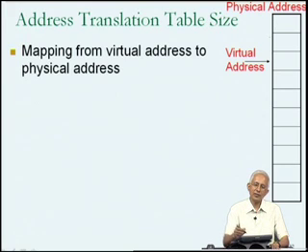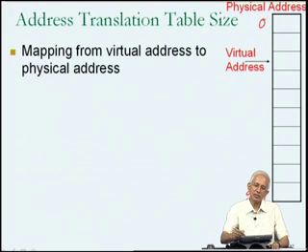So let's suppose that there are 2 to the power 32 virtual addresses. Then the first entry in this table will tell you how to translate virtual address 0 into a physical address. Similarly, the last entry in this table would tell me how to translate the address 2 power 32 minus 1 into a physical address. And how will it tell me that? It will tell me this by containing the corresponding address.